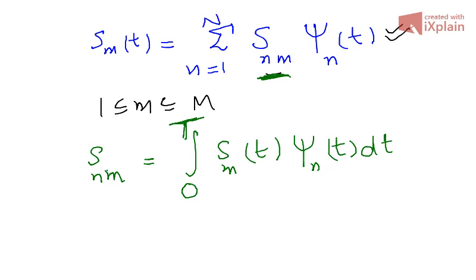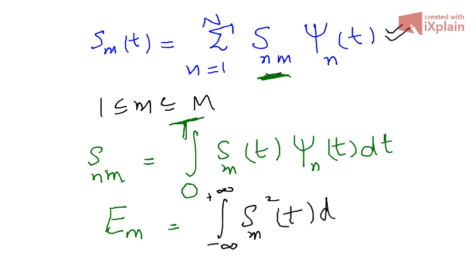So this is the value of that scalar, the projection of Sm of t over psi n. And of course, you can always find the energy of the mth signal by integrating the square of the signal. This is one way.